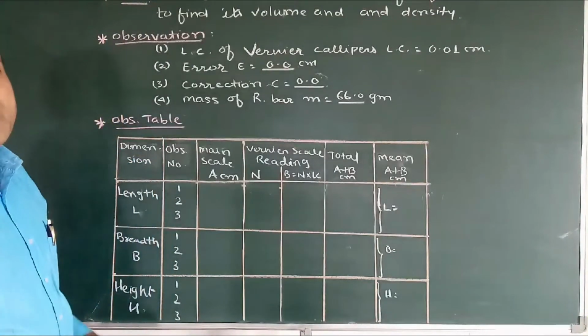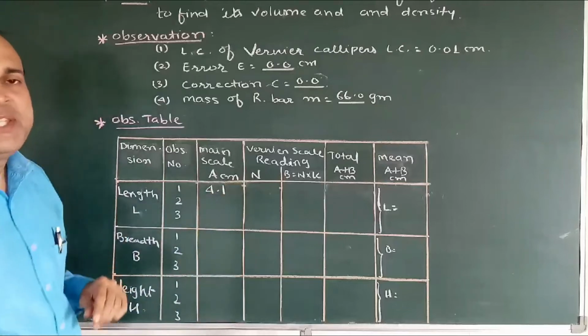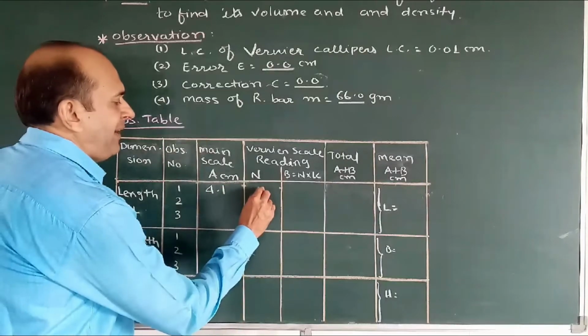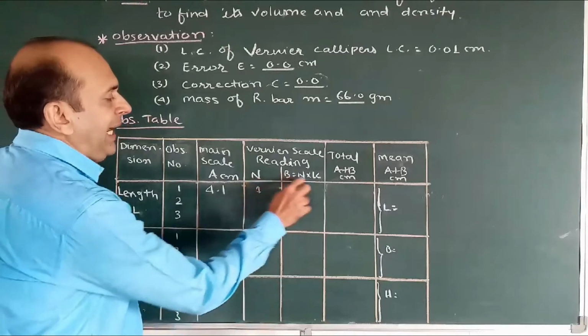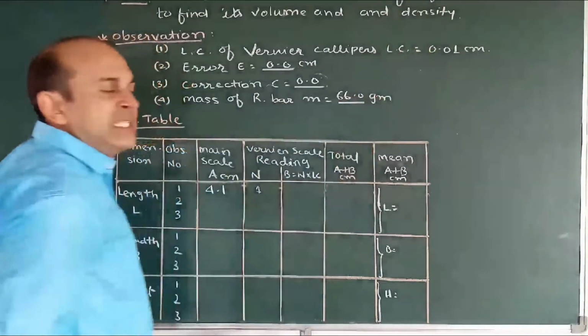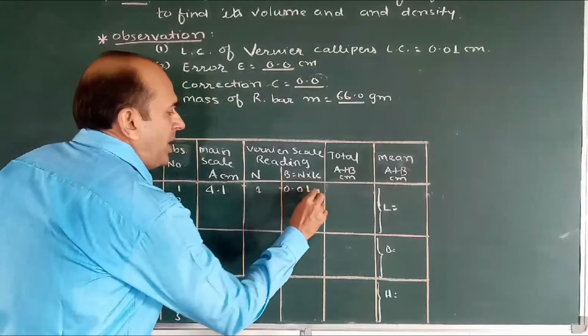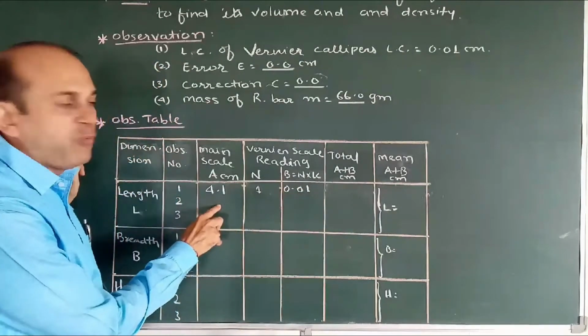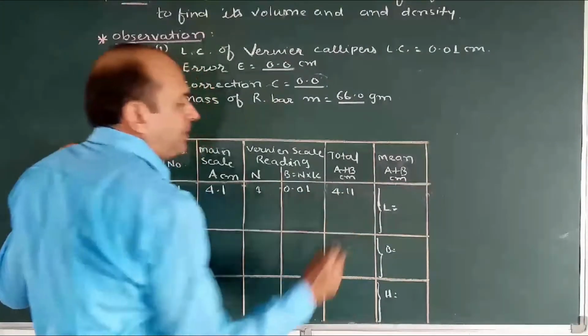Now the main scale was 4.1 centimeter and the matching division was the first division. So I will write here: matching division is equal to 1, and its value is N into LC, where LC is equal to 0.01. So its value is 0.01. Now the total value is 4.1 plus 0.01, which is 4.11.